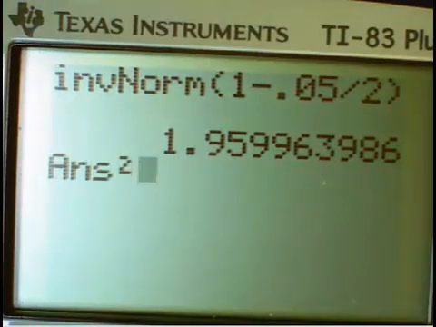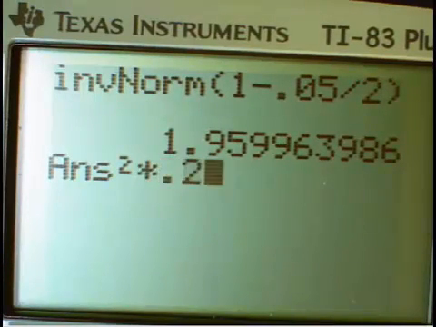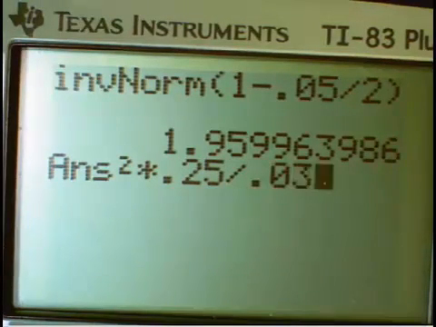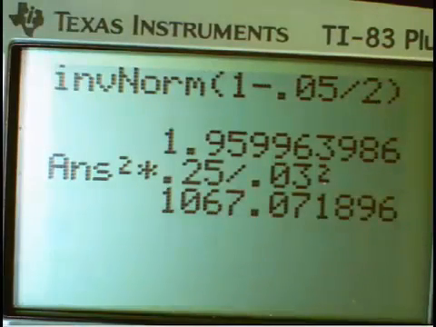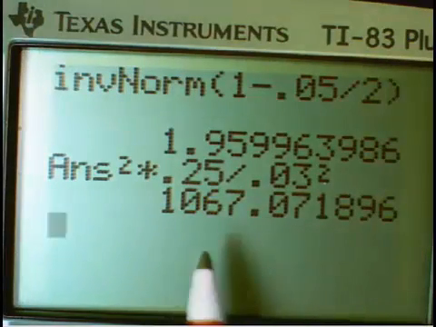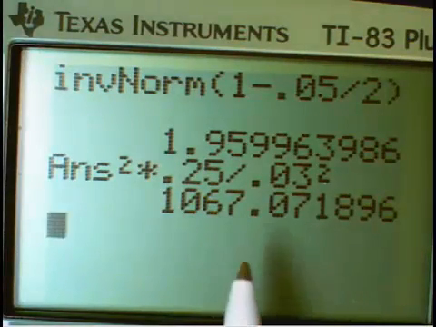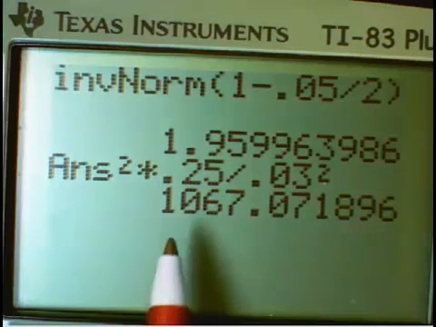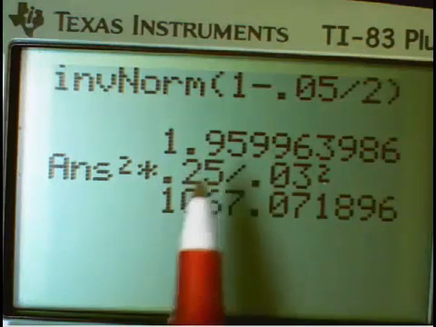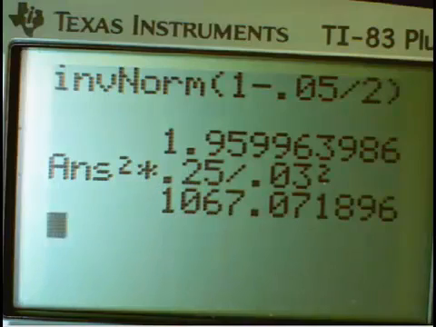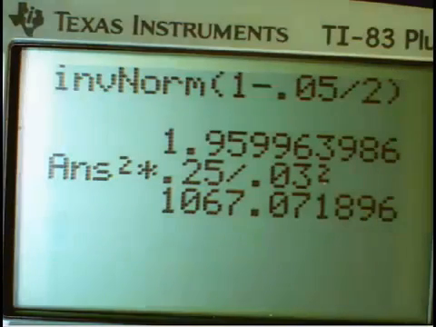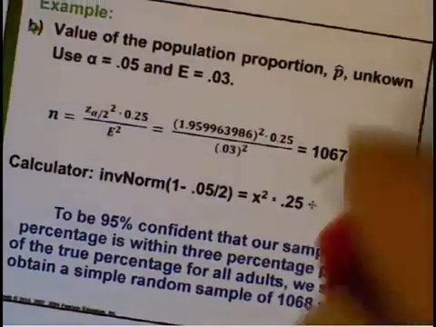Square that, multiply it by 0.25, divide by the margin of error squared, and I get a much bigger sample size is required when I don't start with a sample proportion. If I'm just guessing at the sample proportion, I'm going to have to use a larger sample. So that on the calculator is approximately 1067.1.